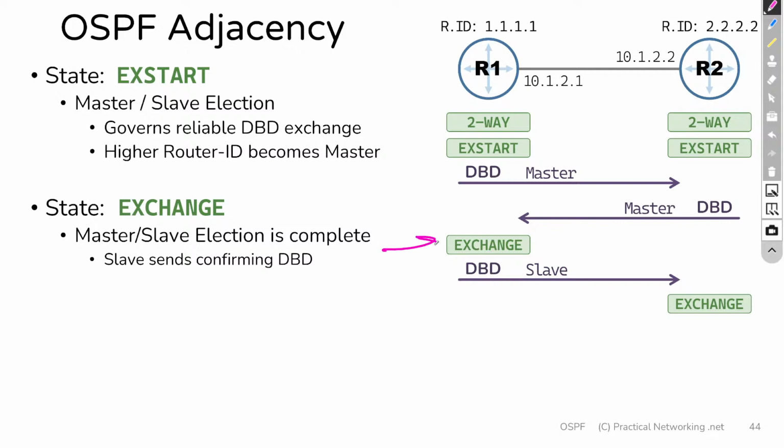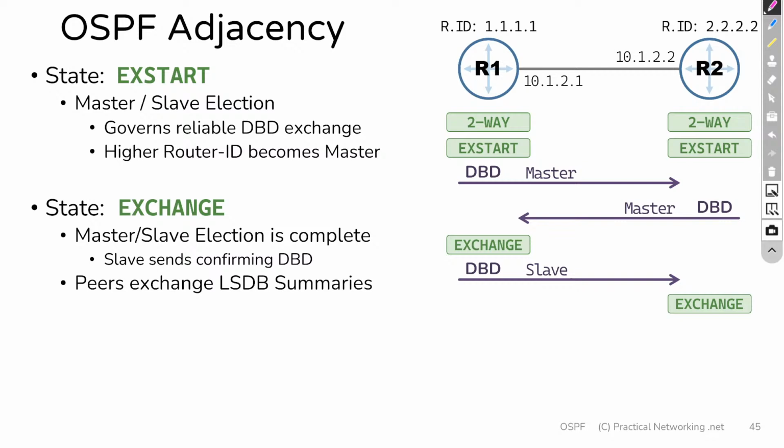The slave goes to exchange as soon as it sends the confirming DBD. And then the master goes into exchange as soon as it receives the confirming database descriptor packet. So at this point, the master-slave process is complete, and now they can actually start exchanging their link state databases.